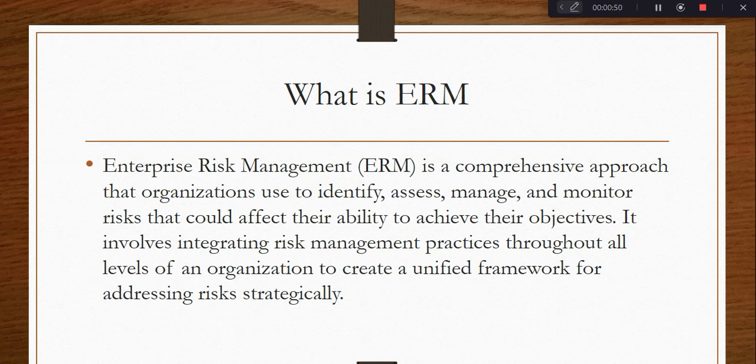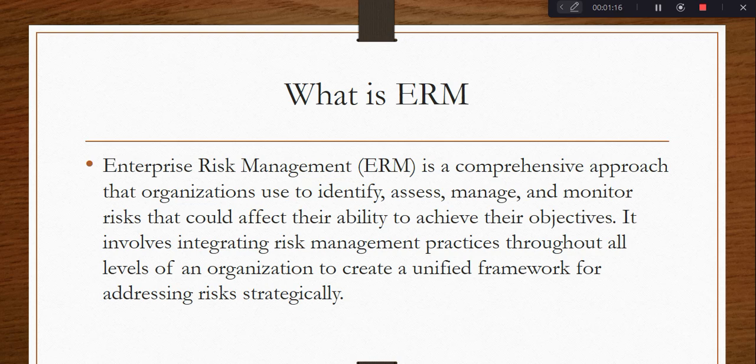So what is ERM? As we know, risk management has a very long history. Basically, it originates back to around 1920. Over time, people have developed many risk management approaches, and one of those developments has led to ERM, or enterprise risk management.